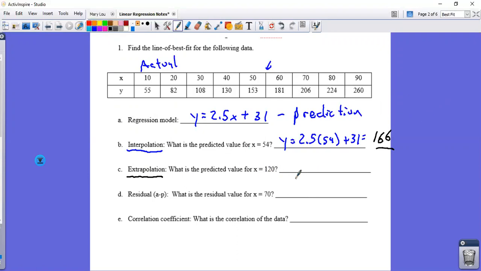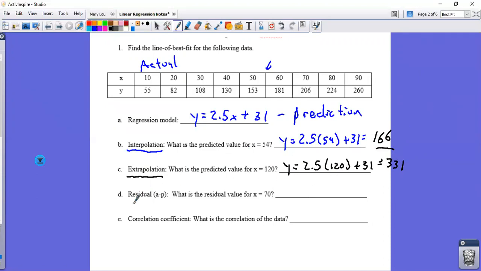We'll see one like that. But for this, you still just plug it into your prediction model. Just know that 120 is well beyond 90, so that's extrapolation. 2.5 times 120 plus 31 gives me 331.